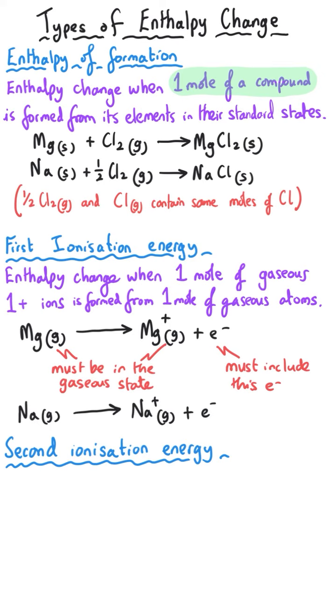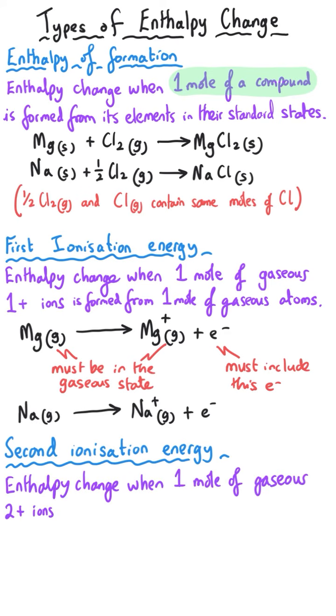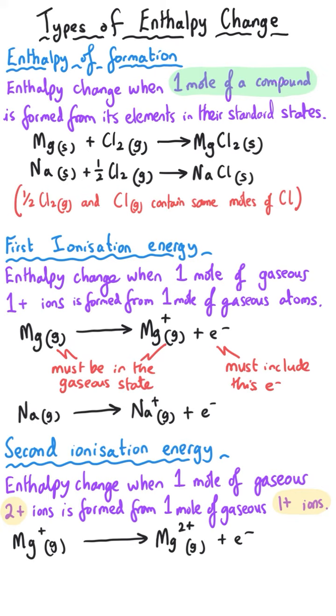We can also ionize some things more than once. And this is the enthalpy change when 1 mole of 2+ gaseous ions are formed from 1 mole of 1+ gaseous ions. And we can write this as an equation as well, exactly in the same way as previously, except we can see that we're starting with 1+ ions and finishing with 2+ ions and that electron.